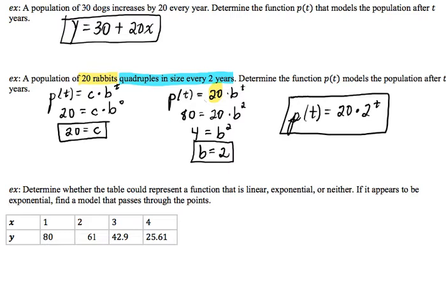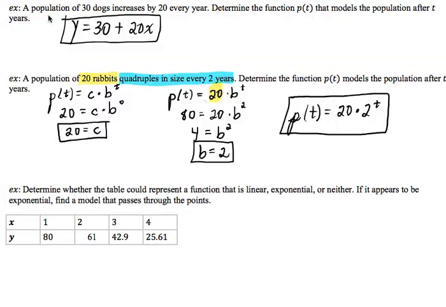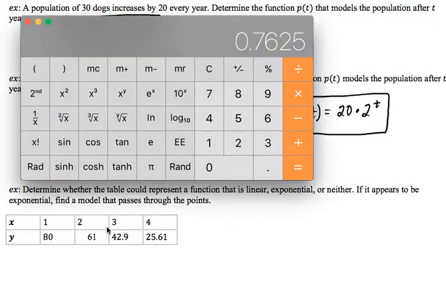So let me open up a calculator here. Okay, so let's see what we are dividing by each time. So you can do it either way. You can do 80 divided by 61 or 61 divided by 80. So if I do 61 divided by 80, I'm getting 0.7625. We'll just remember that for a second. Now let's see if we are dividing by the same amount with the next increment.